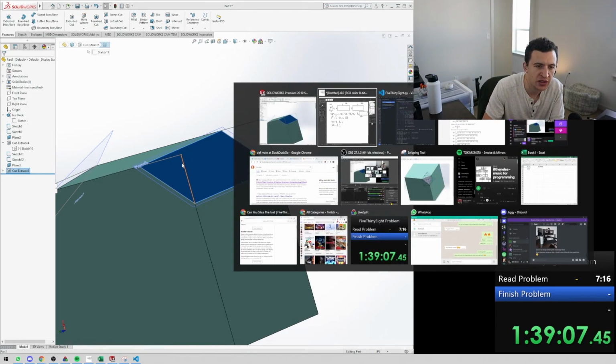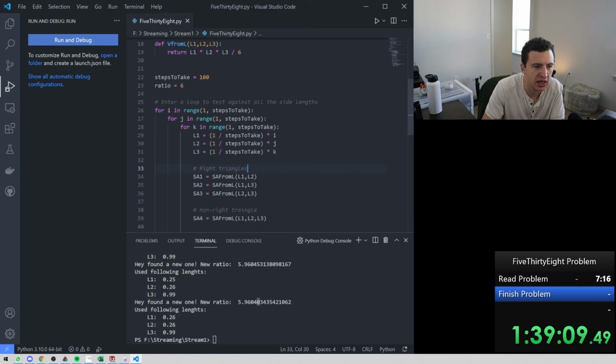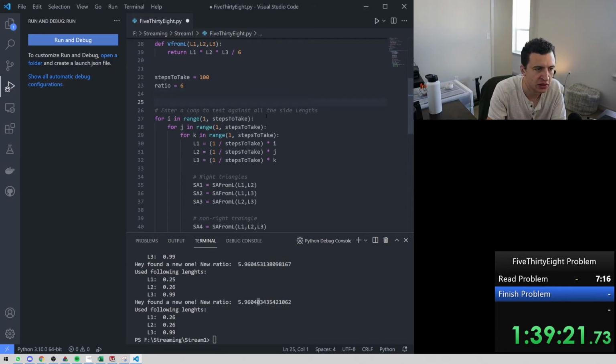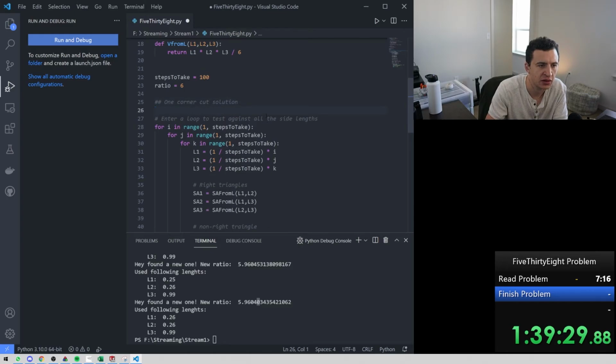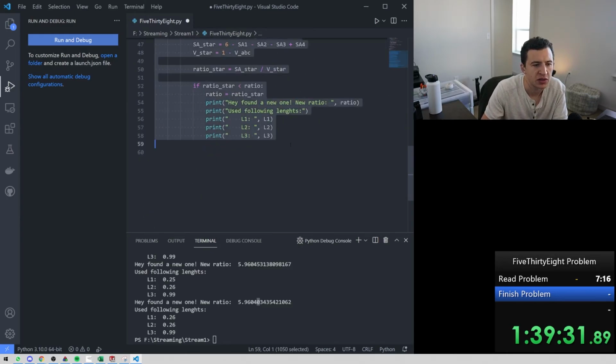What's interesting about this one compared to the last one is that we only have 2 variables, which makes it a little bit easier. This is the 1 corner cut solution, and we're just going to comment all this out because we're done with you for now.